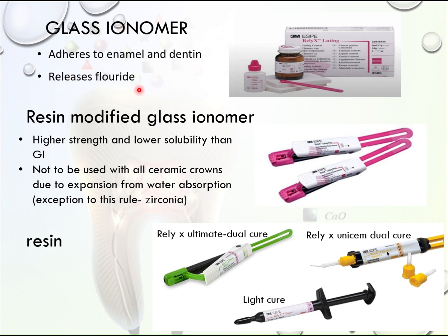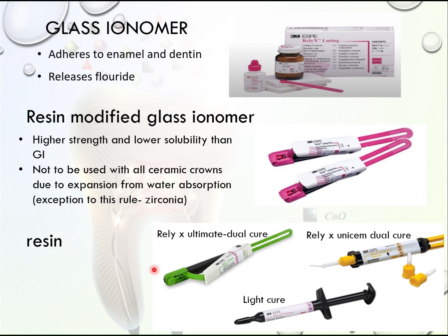It releases fluoride. Then resin modified GI has higher strength than GI, and it is not used with zirconia because it reacts with the silica present in the zirconia, so for crowns which have silica content in them, the resin modified GI can't be used.